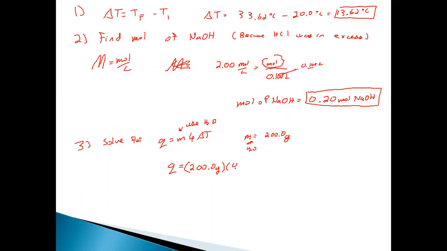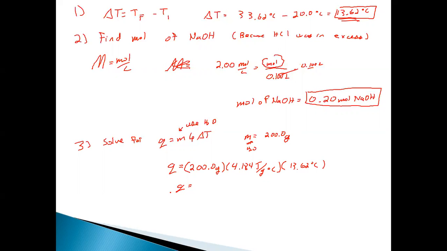Specific heat in this one, I'm going to use the 4.184 joules per gram degrees Celsius. And my change in temperature, we had figured out earlier in step 1, is this 13.62 degrees Celsius.